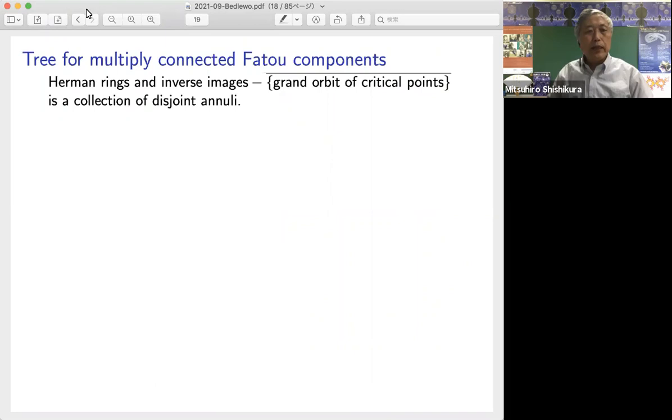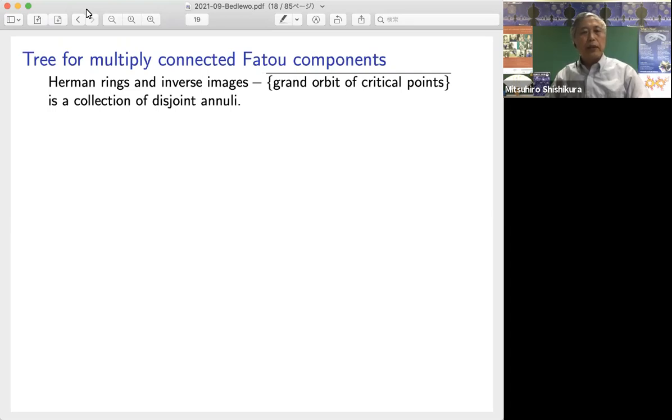So I take a map with Herman rings, and then there could be critical points landing on Herman rings. So you take the grand orbit of the critical points and its closure and delete this from the set of Herman rings. Then the grand orbit, if you enter Herman rings, will create invariant curves. So you get a finite number of invariant curves inside Herman rings.